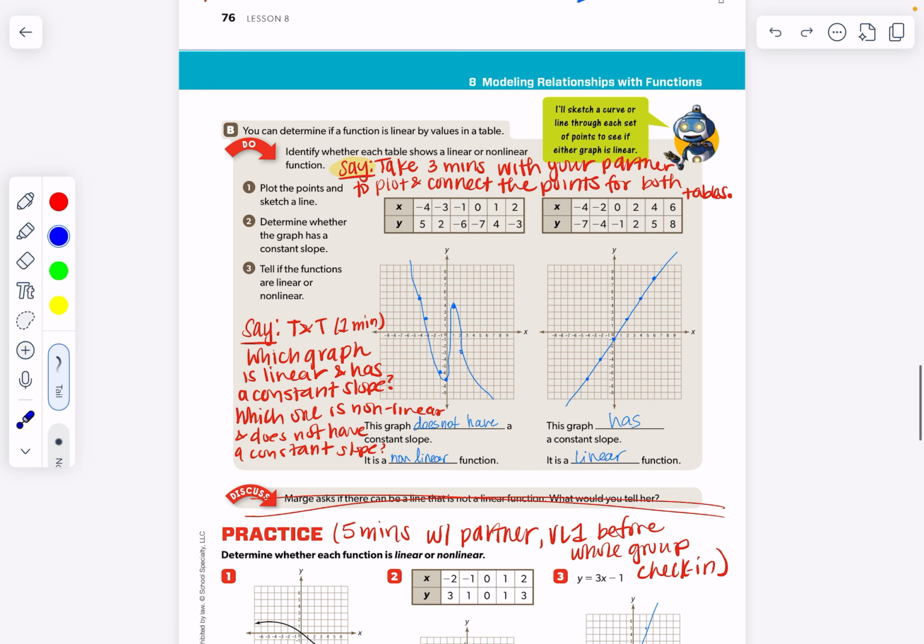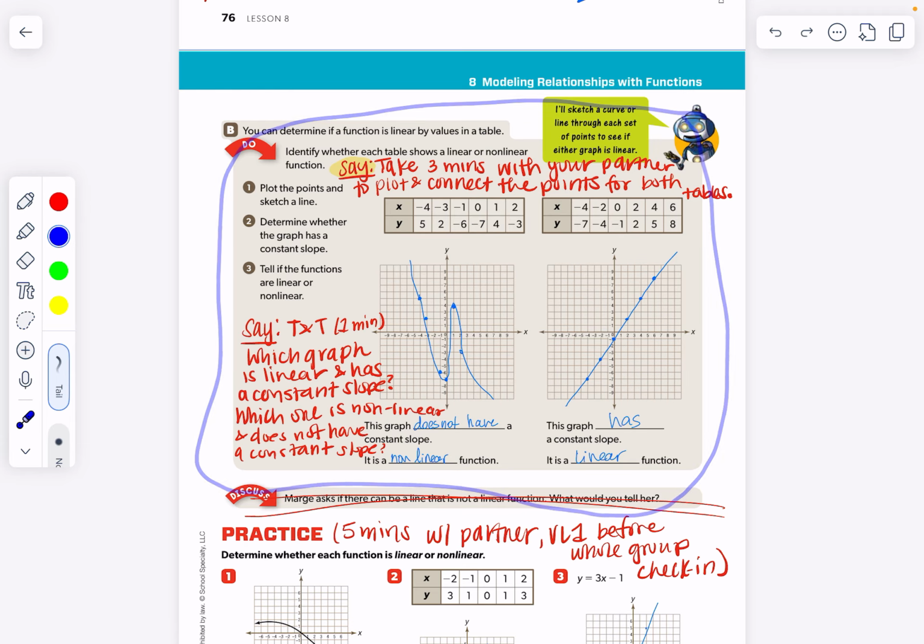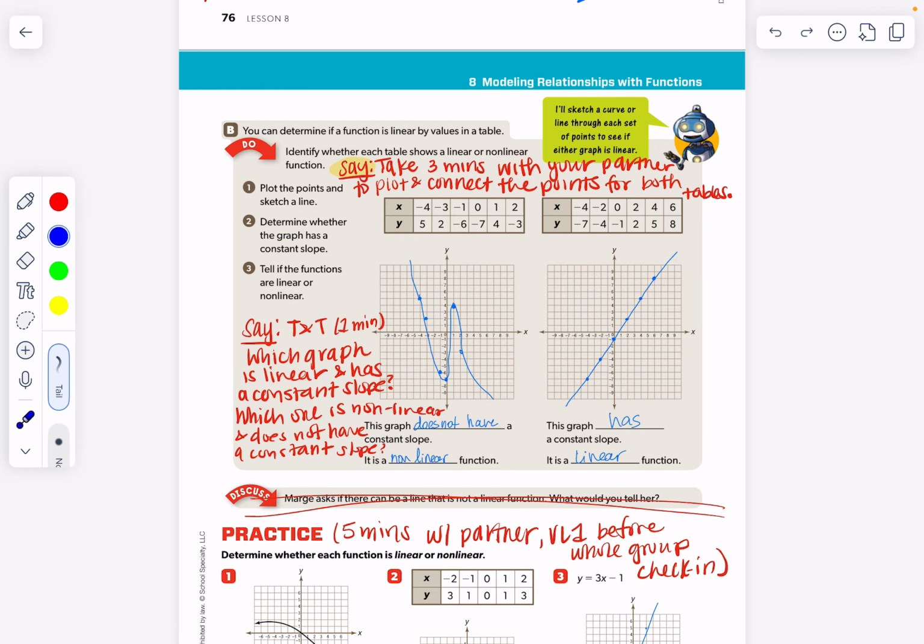So then lastly, you are going to work with students on question B around taking some time to plot each of these ordered pairs on the coordinate grids, and then identifying if it has a constant slope, as well as whether it is linear.